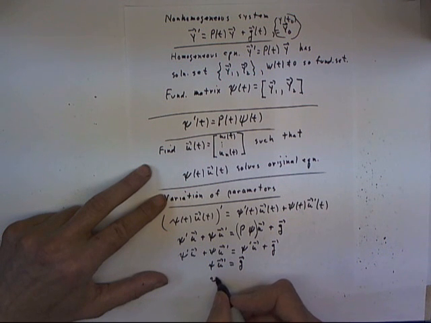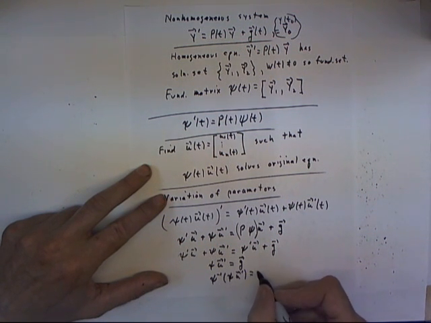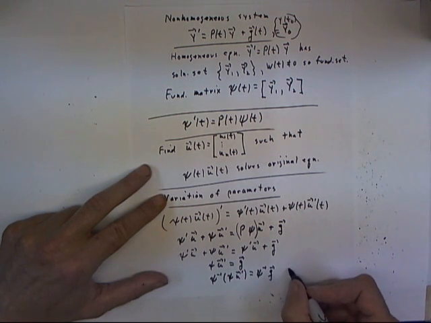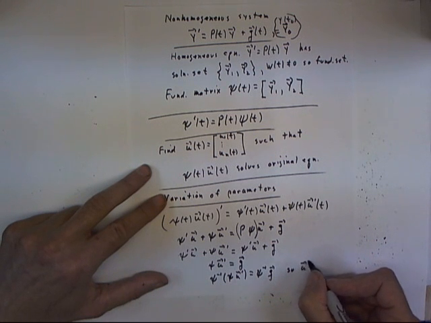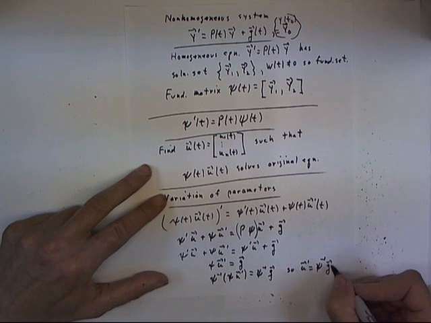If I take psi inverse of both sides, we conclude that u prime is just psi inverse g.